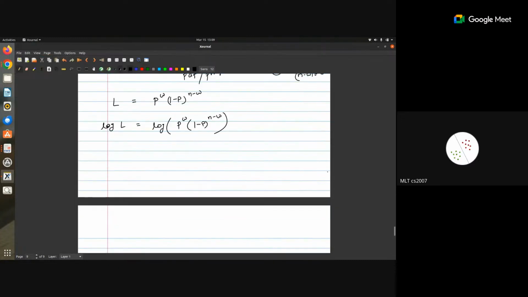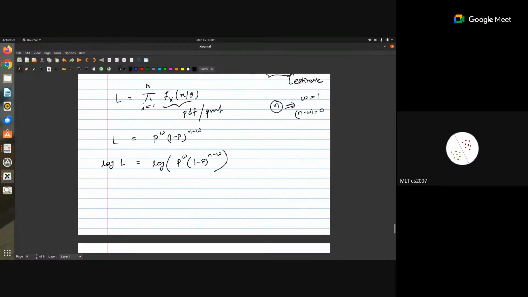This is important, because this kind of question might come in your exam, so that's why I'm taking it. So what is the log here? Basically, it is log of p to the power w plus log of (1 minus p) to the power n minus w, and then this will become w log p plus (n minus w) log(1 minus p). This is your log L.